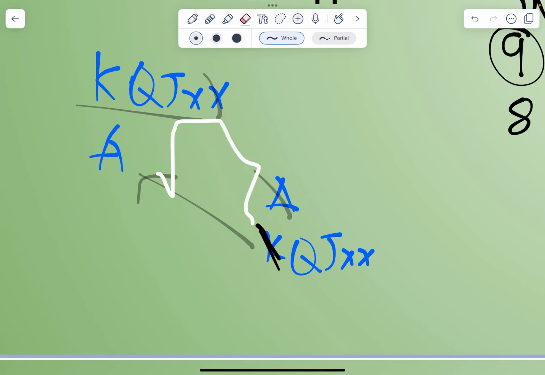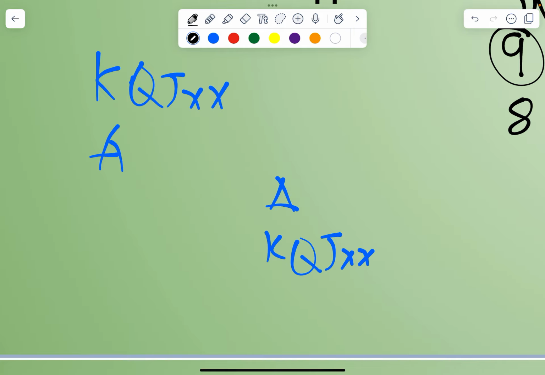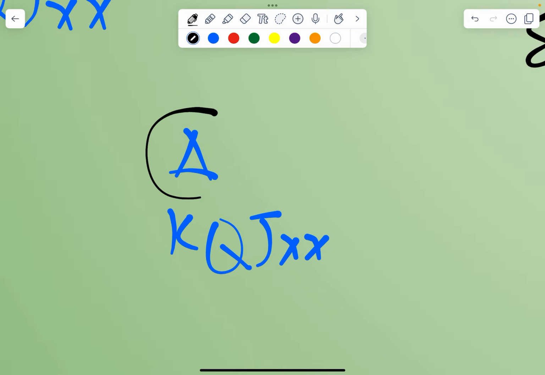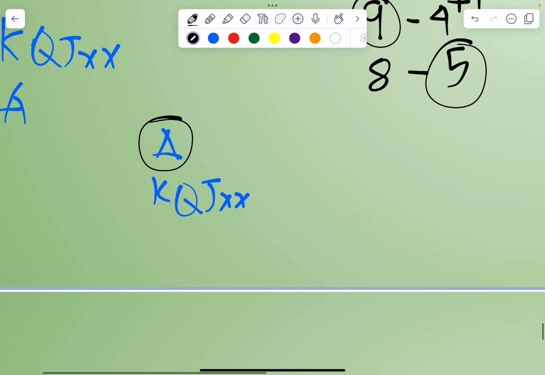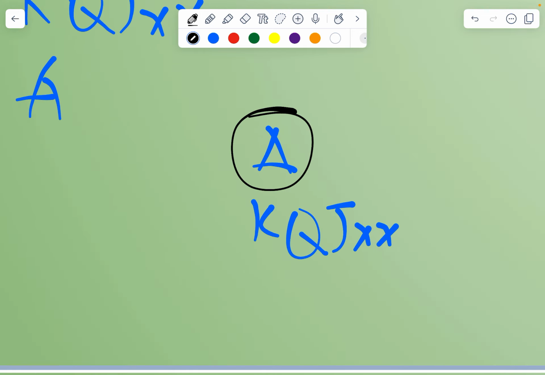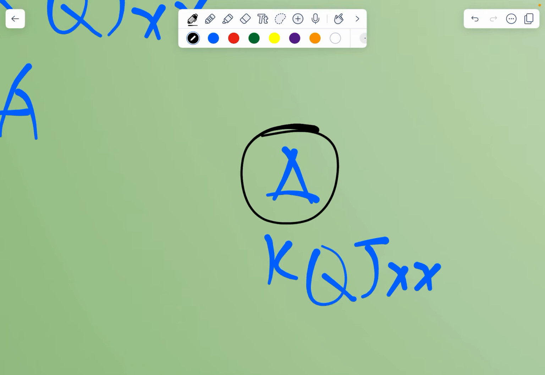However, if we reverse these roles, let's say we go first. Well, now the important thing to do is not to waste your ace. We're going to keep our ace here because it is a stopper, and if we play the ace, we're just basically losing our tempo, and they'll get their tricks before us. We're in the same situation, but we don't have to be in the same situation.